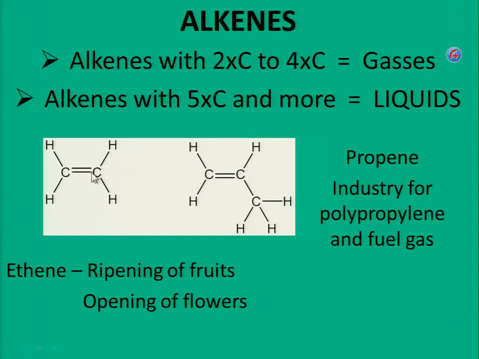This is ethene, 2 carbons, therefore eth, and ene because it is an alkene. Double bond. Propene is used in the industry for polypropylene and fuel gas. 1, 2, 3 carbons with a double bond is called propene.